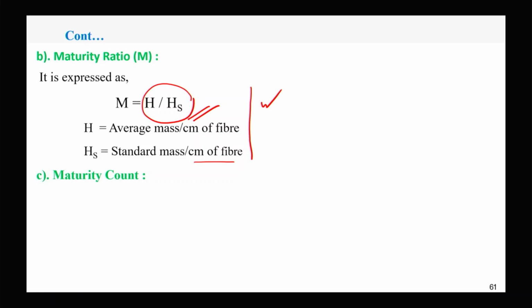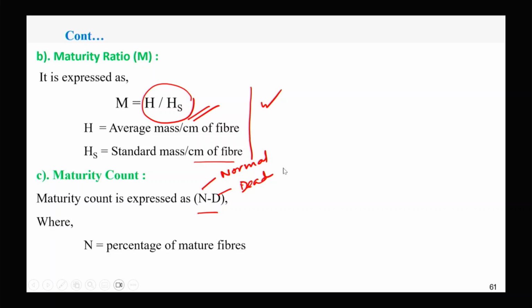And maturity count is N minus D. N is the percent of normal fiber, and D is the percent of dead fiber. We have already discussed what is normal fiber. This is not the absolute number, here it is a percent.